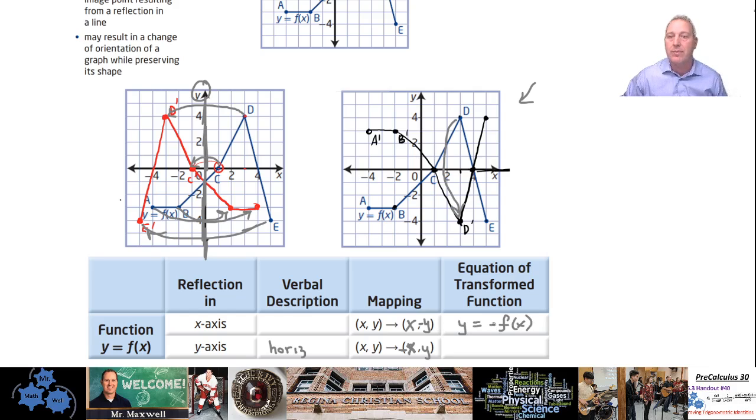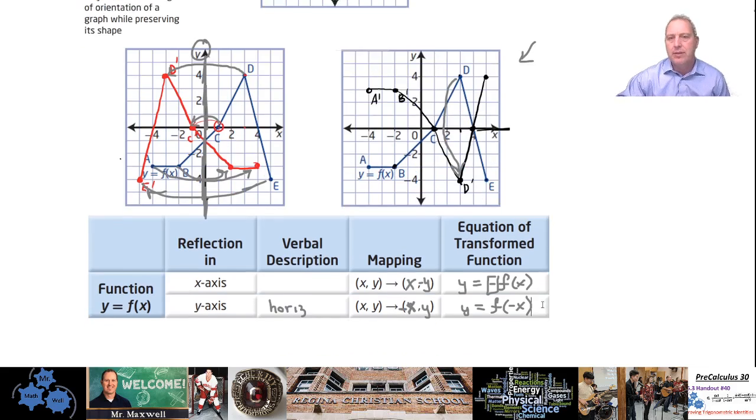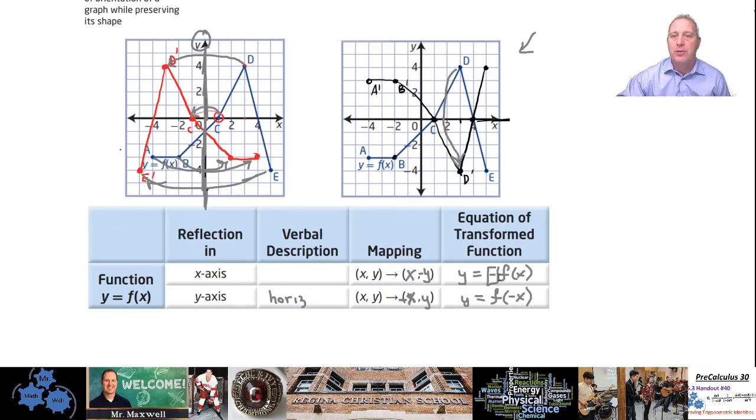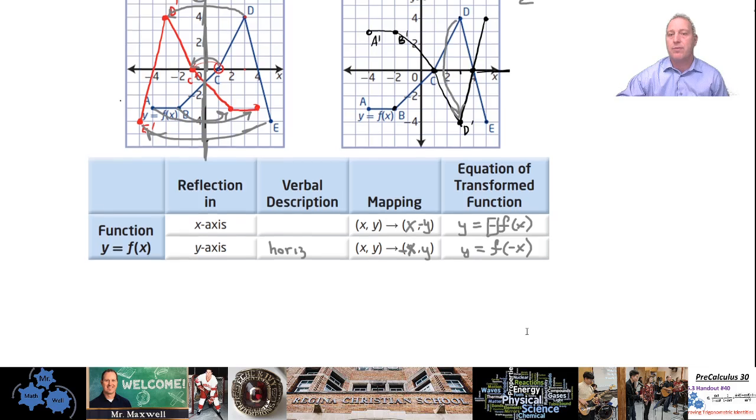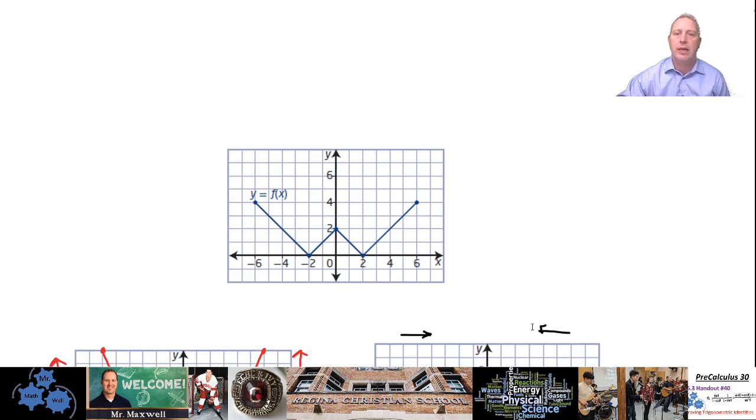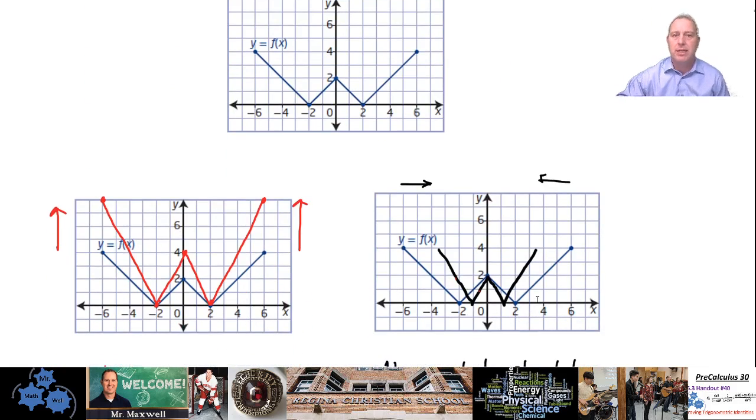So the negative is out front of the function value. And here we have y equals f of negative x, because the x is negative. This is where we start to introduce 2 more parameters, the a and the b, if you recall.